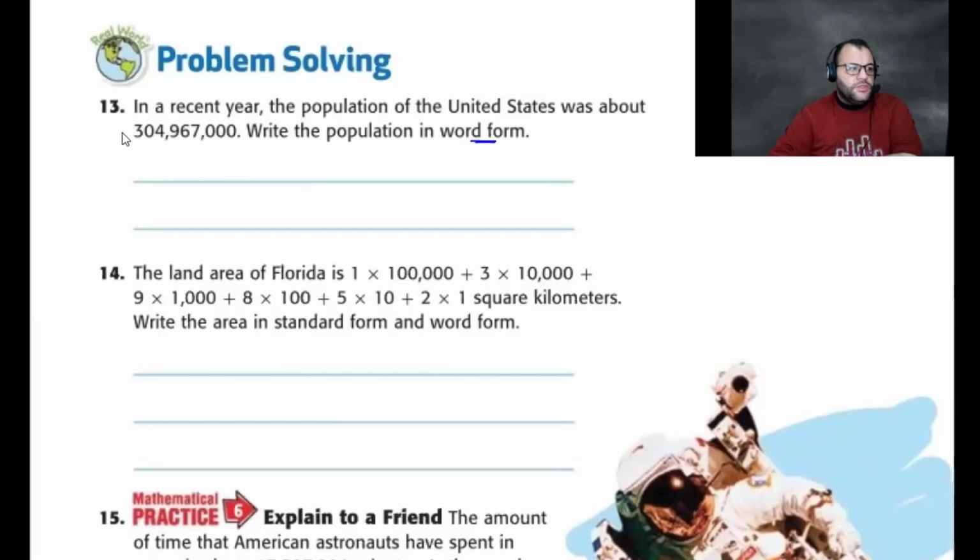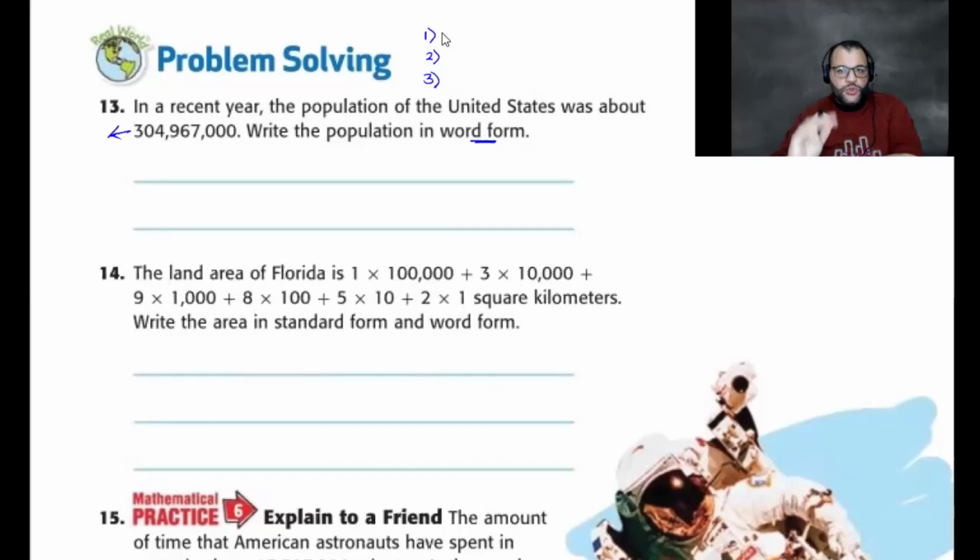What is the name of this form? We have 3 different forms. The first one, and the second, and the third. What is the name of the first form? We have forms to write the number.